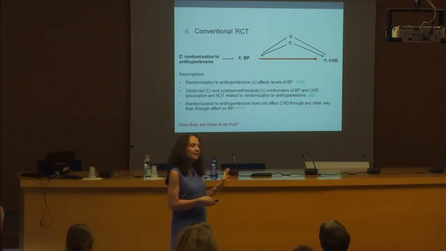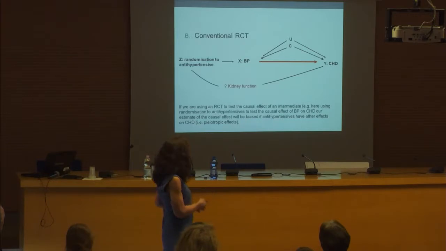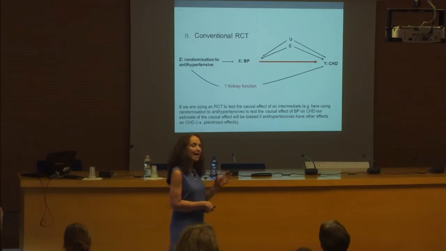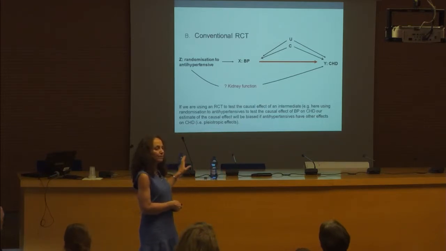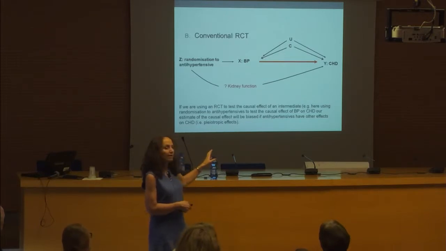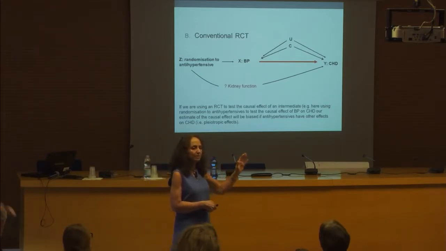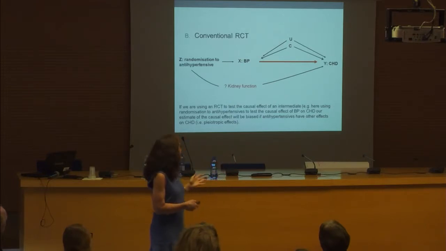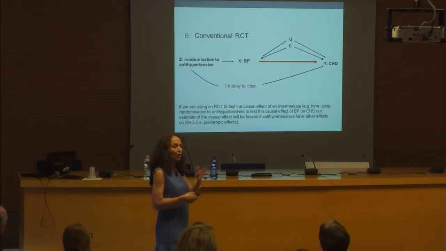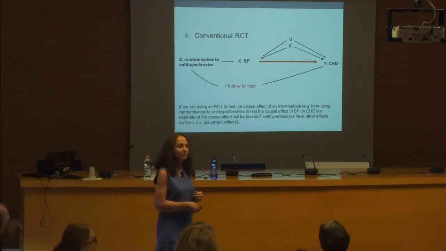If we're using an instrumental variable analysis in randomized control trials, what we're worried about is this last assumption, that there might be a path that goes from randomization to blood pressure lowering treatment to another risk factor for coronary heart disease that's independent of the impact of the treatment on blood pressure. So this is a hypothetical example. For example, maybe blood pressure lowering treatments have some off-target effect and they also affect your kidney function, and that's related to coronary heart disease.